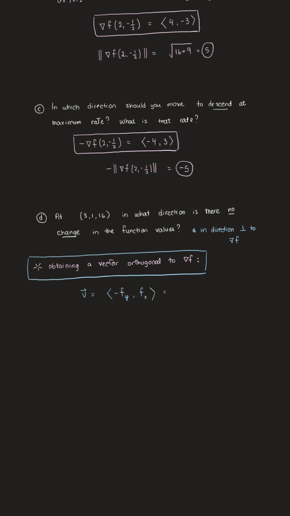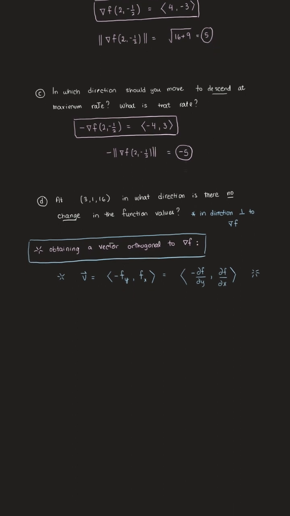Or we could write this as negative del f del y, and the second component will be del f del x. So this is how we find a vector that is going to be orthogonal to our gradient.